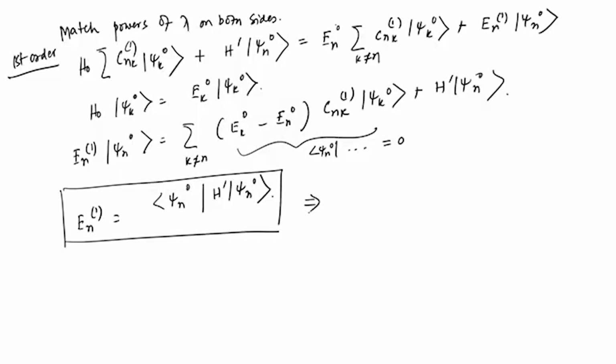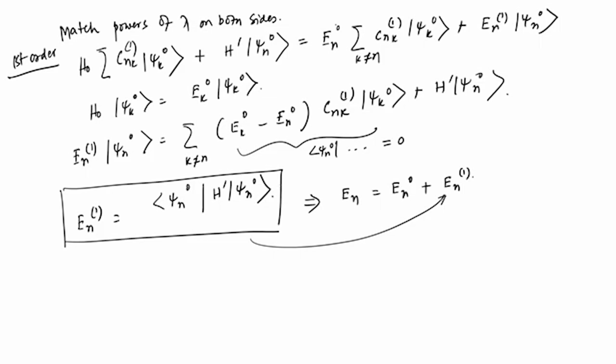So, that tells you that at this level, if your perturbation is really weak, then you are doing fine if you just simply take the total E n to be equal to E n 0, which is the unperturbed problem, plus the E n 1 that you find out. So, E n 1 is here. Okay. E n 1 can be found out like this.